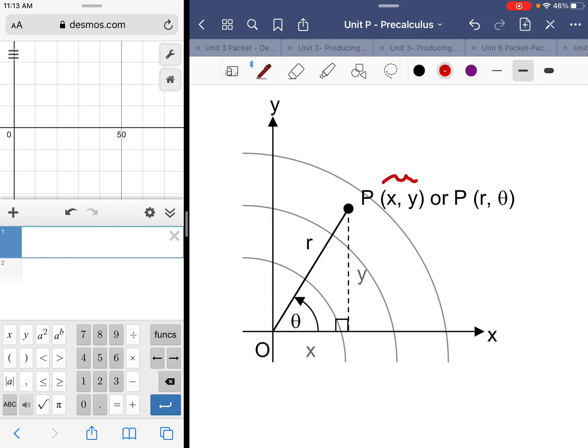All right, a horizontal movement and a vertical movement. X and Y are your rectangular coordinates. Ooh, my squiggly bracket game is weak today. All right, so this is rectangular. And these are the polar coordinates. All right, so we have two different ways of representing the same location.